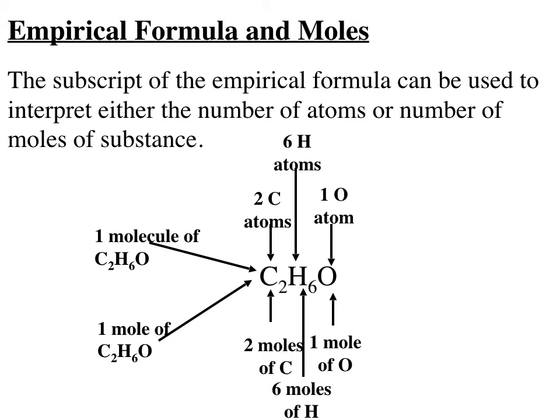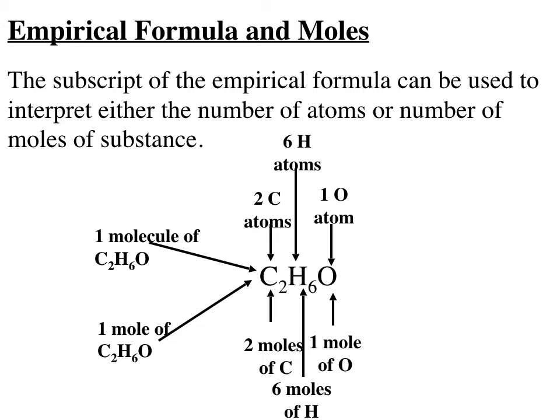Then in 1 mole of C2H6O, there are 2 moles of C, because there's a 2-to-1 ratio of C per molecule. So that would mean in 1 mole of C2H6O, there would be 1.2 times 10 to the 24 carbon atoms. Now, where did I come up with that?